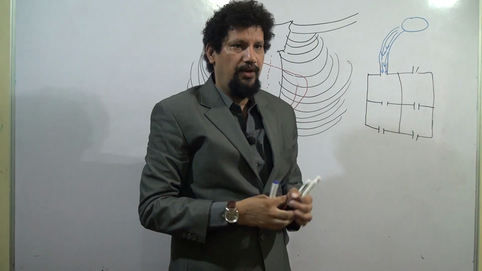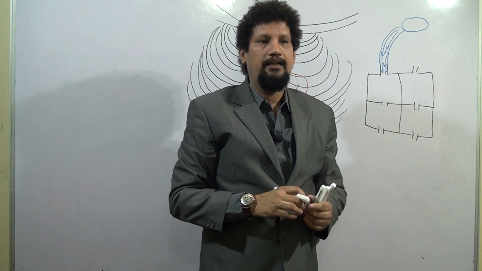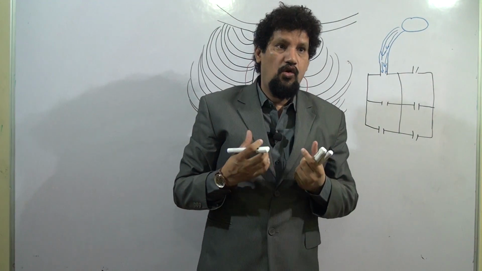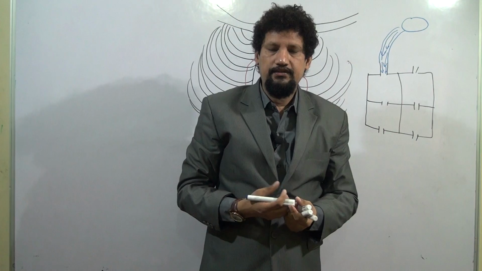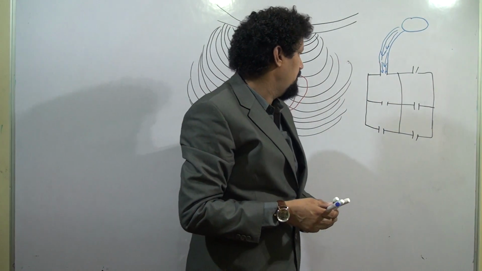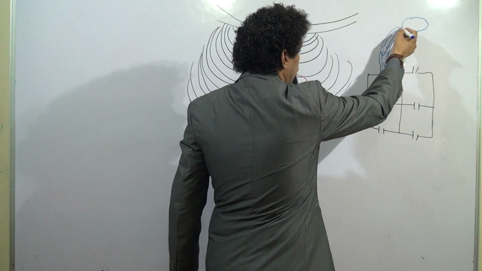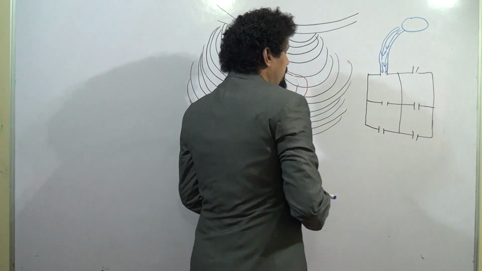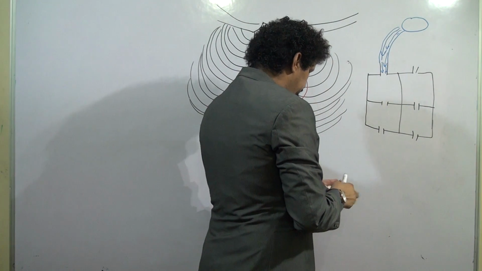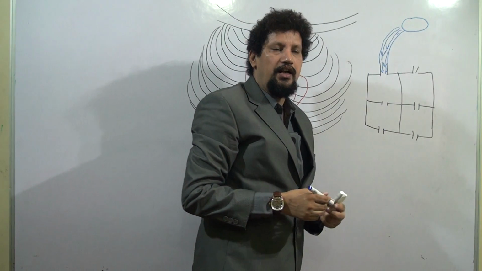Always remember, when I say deoxygenated blood, the blood is having low oxygen concentration, but never without oxygen. So this right atrium is receiving the deoxygenated blood from the body tissues, and this blood from the right atrium is entering in the right ventricle.